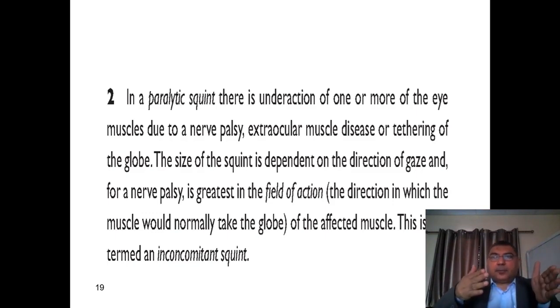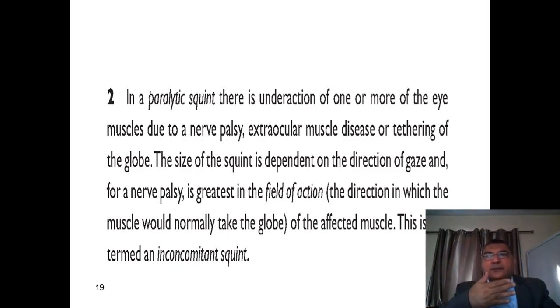If he returns to the primary position, it is a 15 degrees angle. If he looks to the left, both eyes will move to the left, so he has a 0 angle in the left direction of gaze. So 15 degrees in the primary position, a very big angle in the right gaze because the right eye does not move to the right, and zero angle in the left gaze.